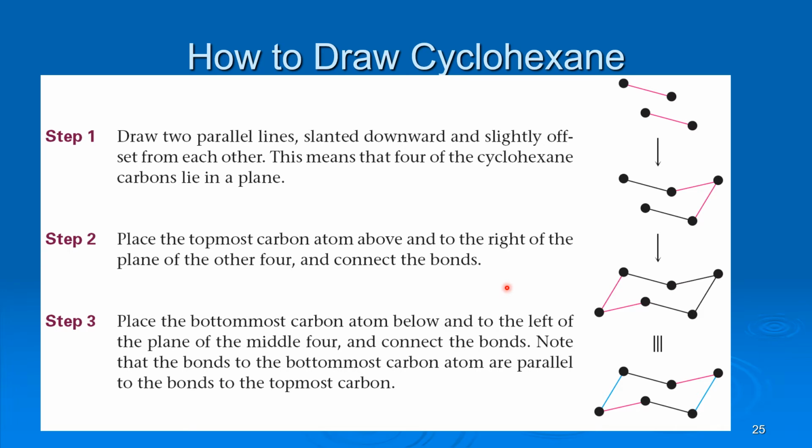All right, this you want to probably study quite a bit. How do you draw a cyclohexane on a piece of paper? So I recommend following this. So draw your parallel lines. Then on the right-hand side, it's going to go up. So notice that they're slanting downward. So from the ones that are at the bottom of the slants, that is going to go up.